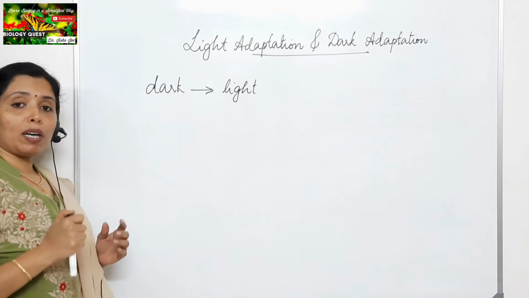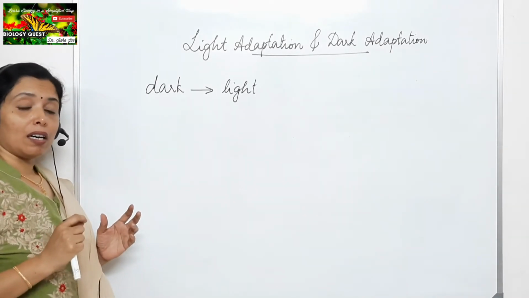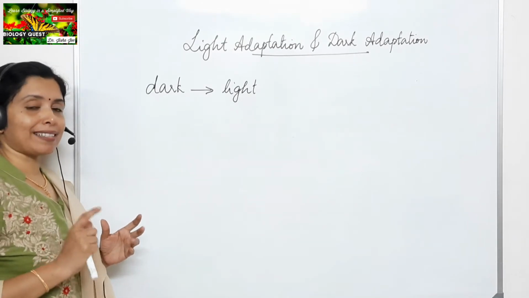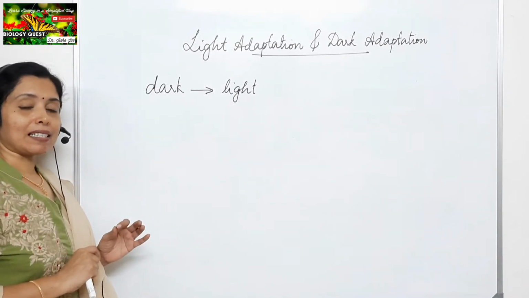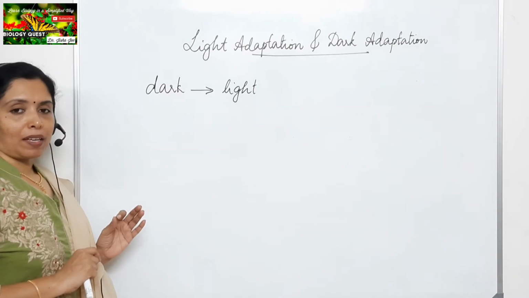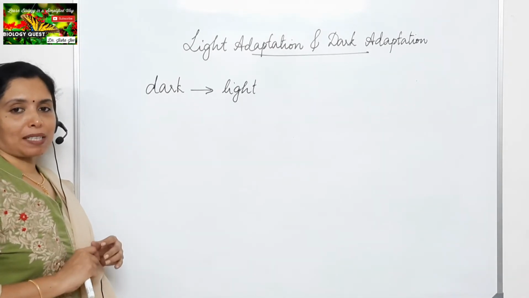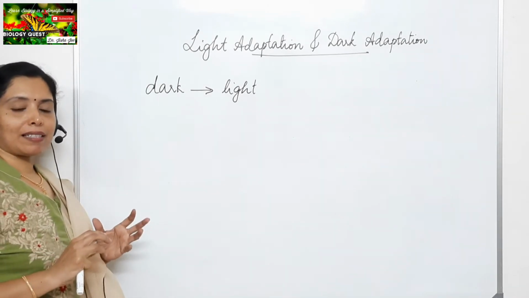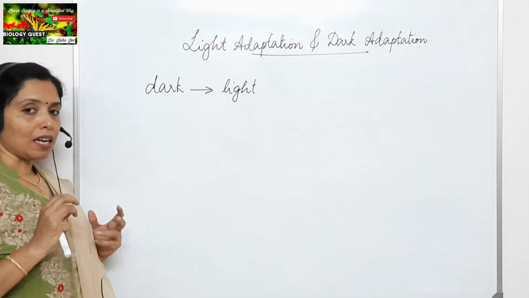What is actually happening there in our eyes? We know when we were in the dark, the sensory cells that are active in the dark are the rods. The pigment rhodopsin was present there, and it was these rod cells that helped us to see in the dark.